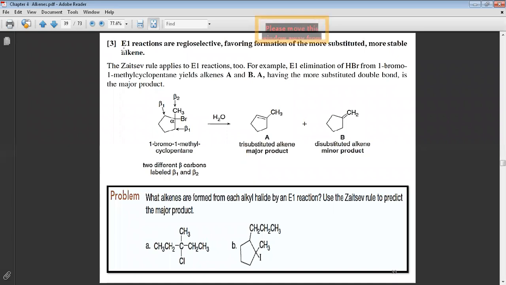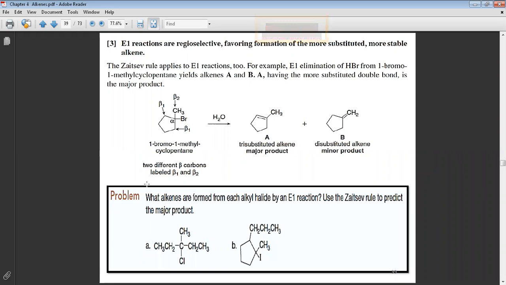E1 is the same as E2, but the mechanism is different. E2 is one step, E1 is two steps. The base for E2 is a strong base, and the base for E1 is a weak base.